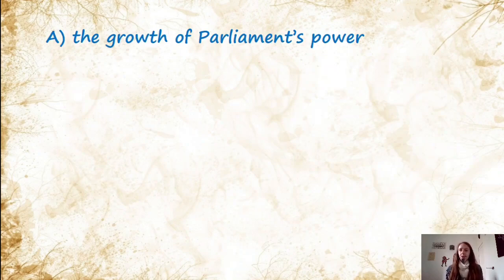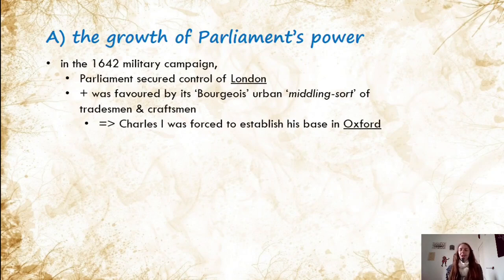So let's first focus on the growth of Parliament's power. In the 1642 military campaign, Parliament managed to secure control of London. And Parliament was favoured by its bourgeois, urban, middling sort of tradesmen, craftsmen.